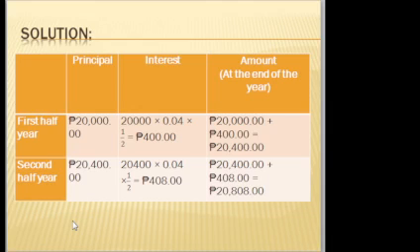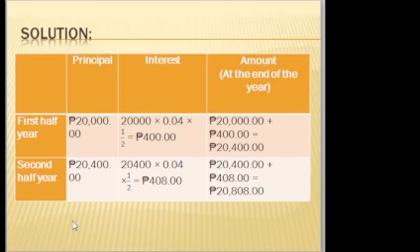So we have our principal, interest, and the amount at the end of the year. So we will start with the first half year. As we know, our principal is 20,000 pesos.